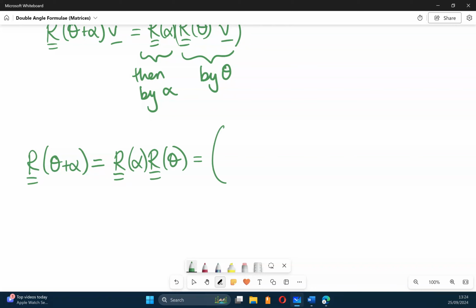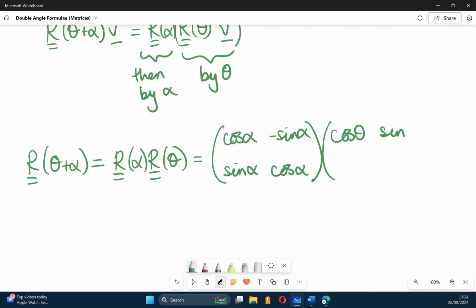And this is just going to be equal to, well, using our expression for R of some angle, cosine of alpha, minus sine of alpha, and then cosine of alpha. And then this part is cosine theta, minus sine of theta, sorry, sine of theta, and then cosine of theta. And then all we need to do is multiply like matrices.